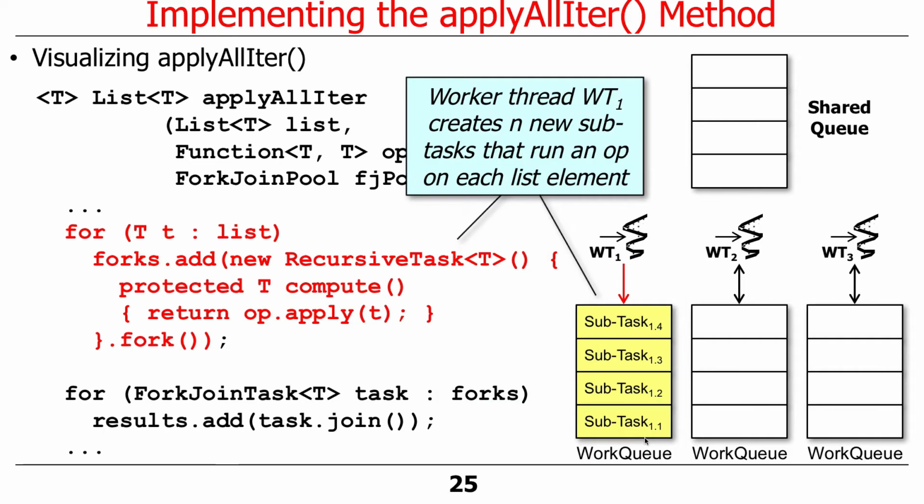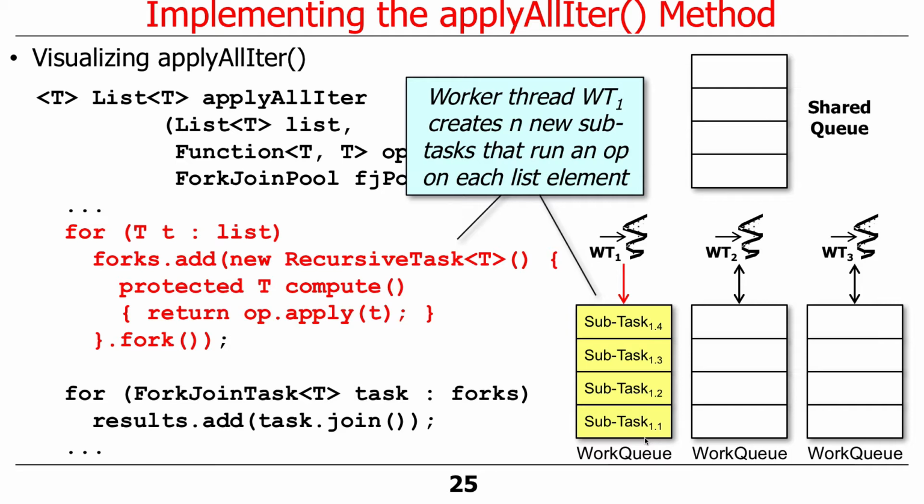And here's what happens then. One thread will wake up in the ForkJoinPool, one worker thread, say WT1. WT1 will run this loop, because it'll process this task, the one that was put in at the beginning. It'll pull it off the shared queue and process it.